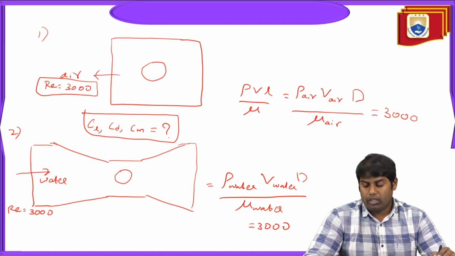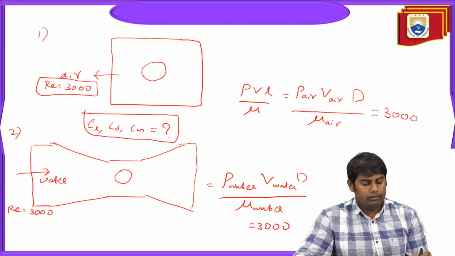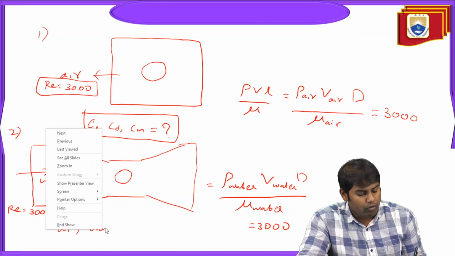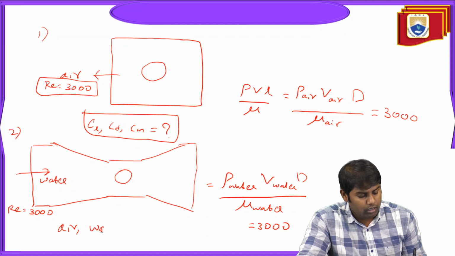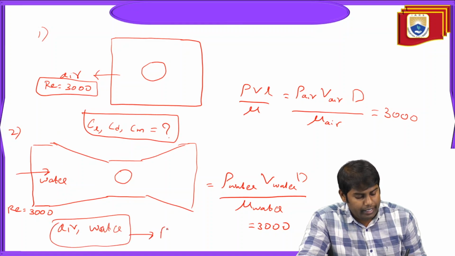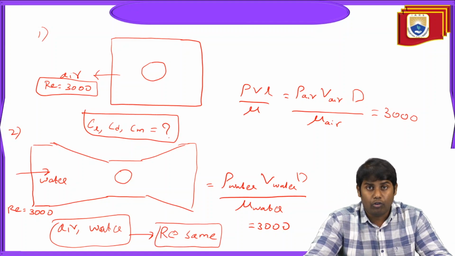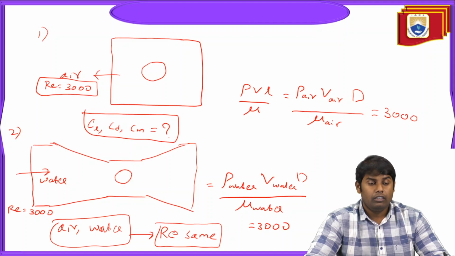No. Here we conclude that whether you take air or water, it doesn't matter. When the Re is the same, the results for water and the results for air as a fluid will be the same.